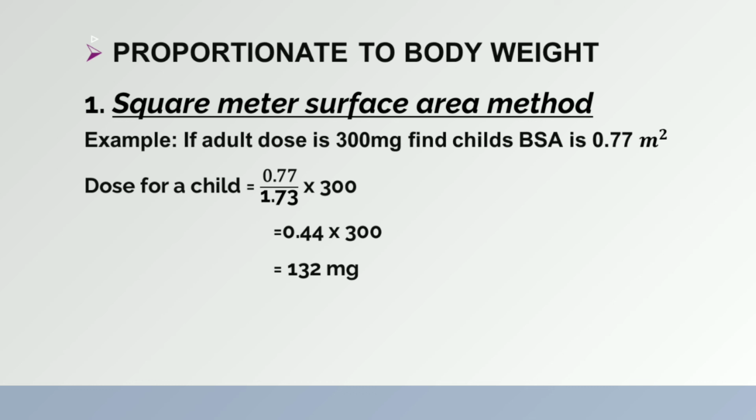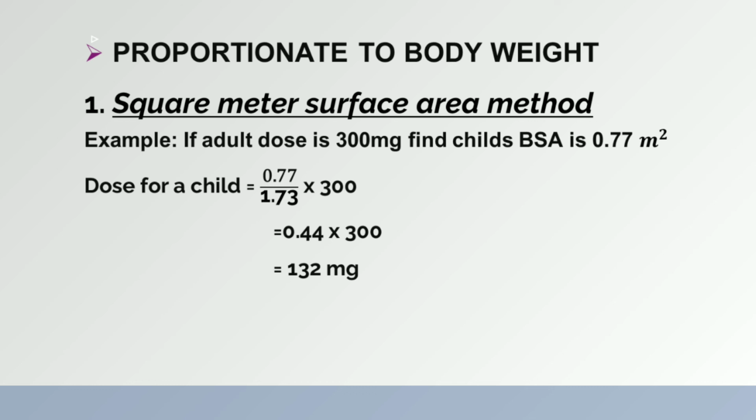So we are going to substitute this into the formula. Dose for a child is equal to 0.77 upon 1.73, where 1.73 is nothing but the average body surface area of an adult, into 300, that is the adult dose, is equal to 0.44 into 300, is equal to 132 mg.